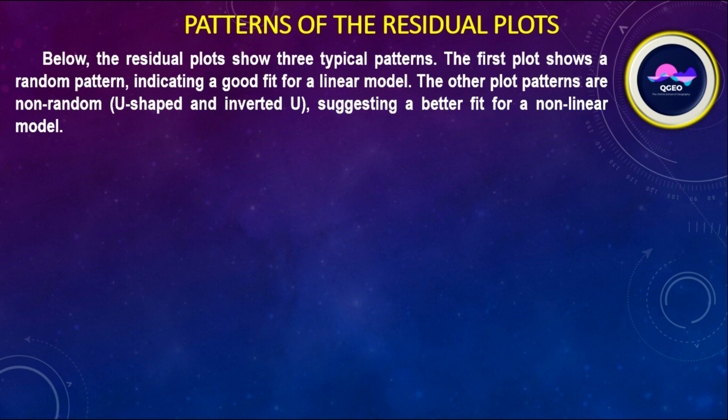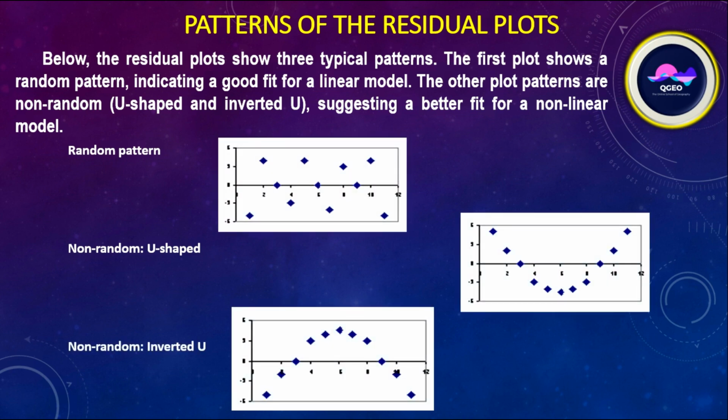Here are the patterns of residual plots. The residual plots below show three typical patterns. Remember, three typical patterns. The first plot shows a random pattern, indicating a good fit for a linear model.